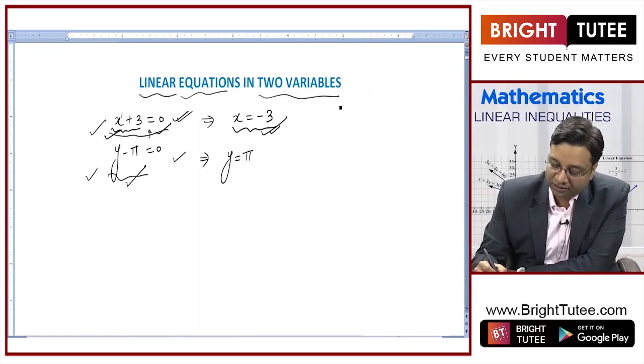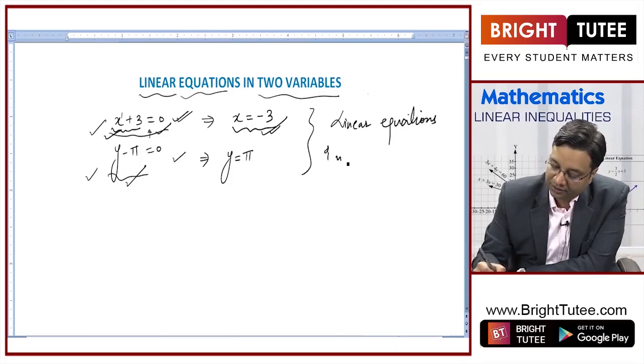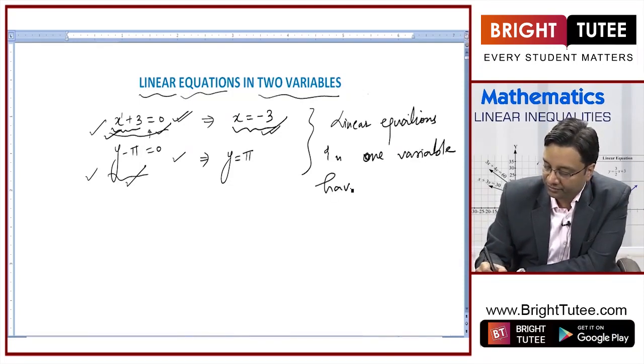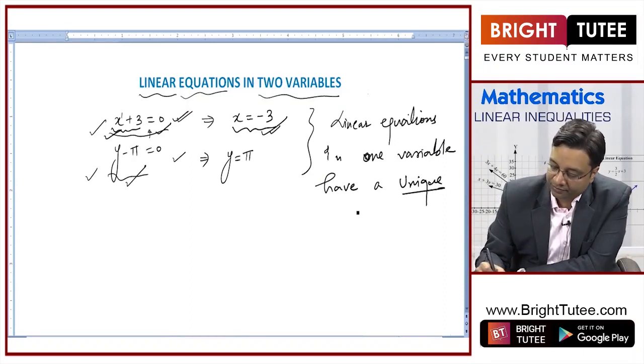So what did we observe here? That linear equations in one variable have a unique solution, right?